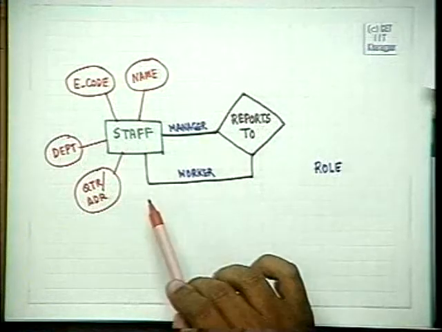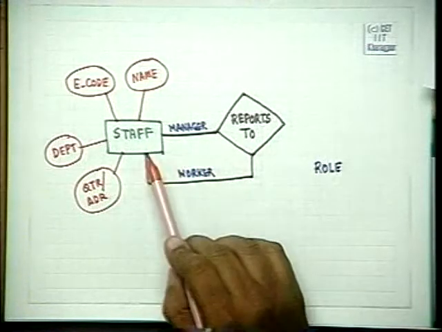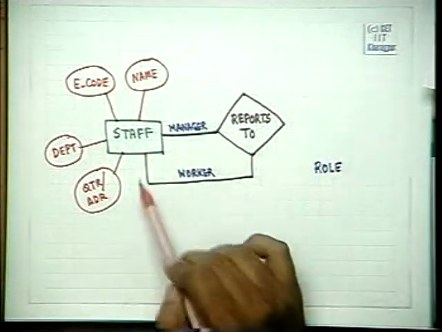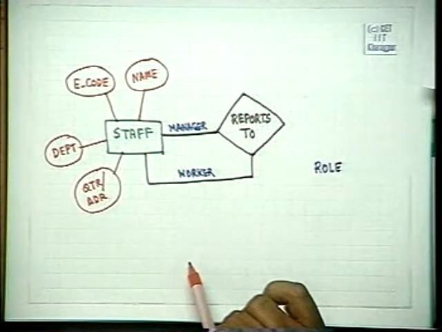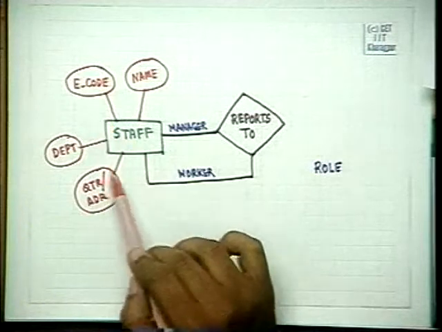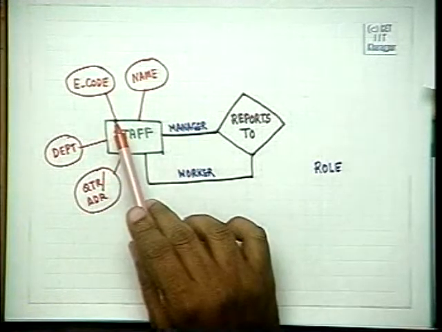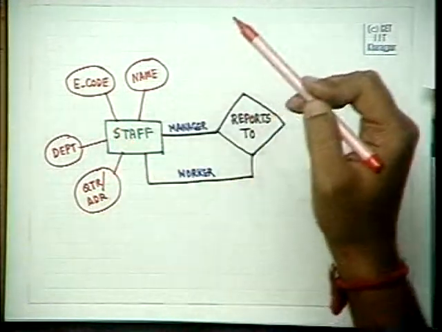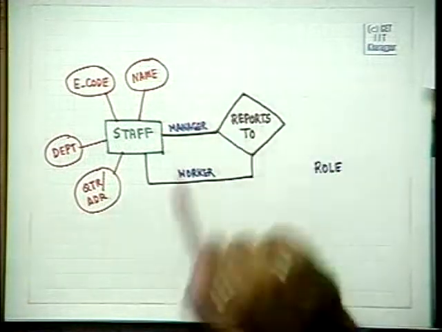Any one of them we will have to take into account. The same one cannot be used, because this is a participatory relationship between these two. And you cannot say sometimes this will be staff and sometimes this will be student. So either we will have to have an entity which encompasses staff and student, or we will have to have a different relationship for students reporting to staff.